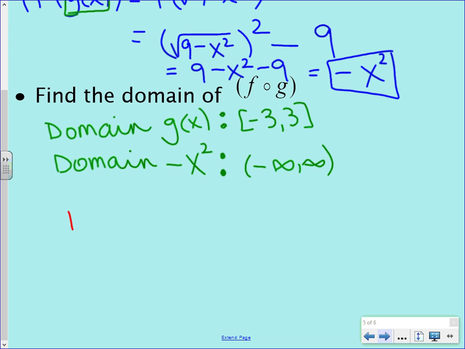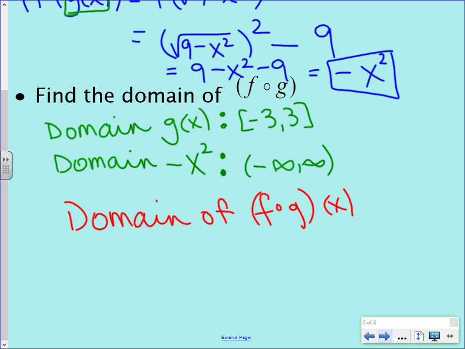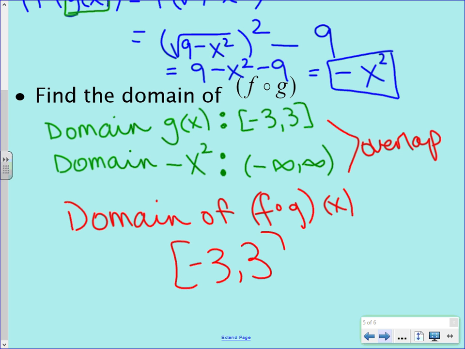So, the domain of the composition can only be where these two overlap, which would be negative 3 to 3. It's kind of nice because with all real numbers, it's easy to see where that overlaps.